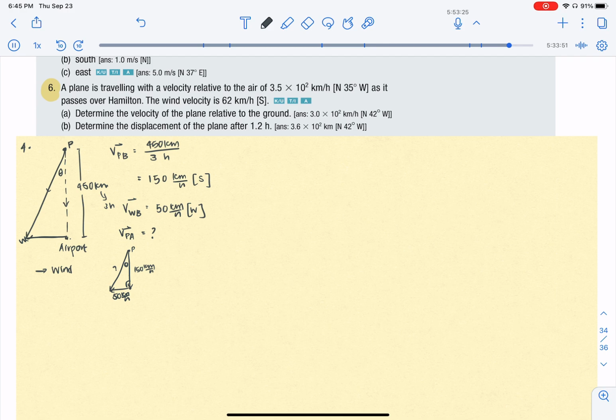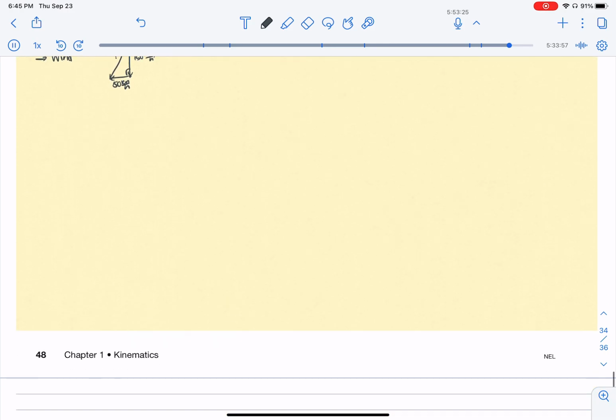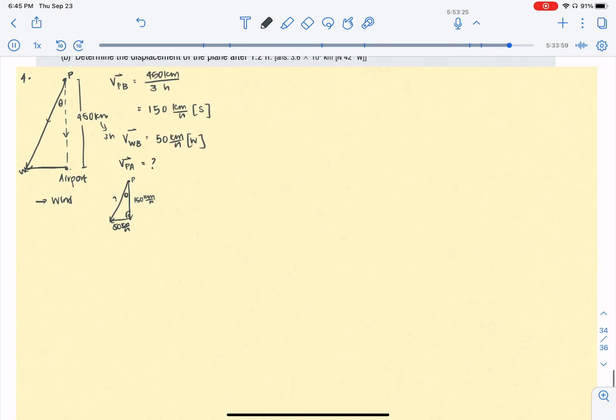Sorry, I got my east and west mixed up. The red one's not right, but sometimes I see that on a test, because students get into the mindset of always using the velocity of the object relative to the shore as a hypotenuse. So it is the blue one. Let's get rid of the red one.